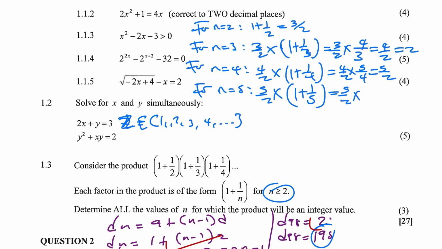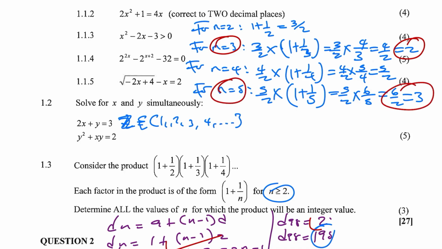So you have 5 over 2 times 1 plus 1 over 5, that is 6 over 5, which gives 6 over 2, then that is 3. Brilliant. So when n is 3 it is an integer, and when n is 5 it is an integer.